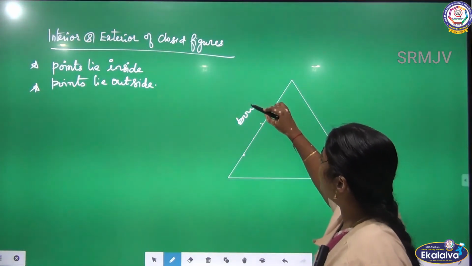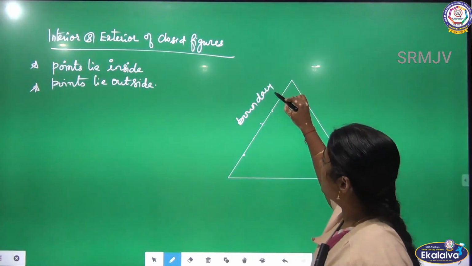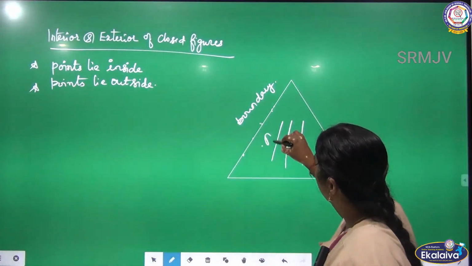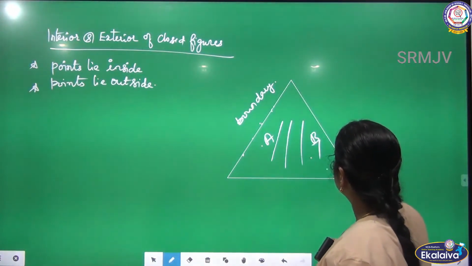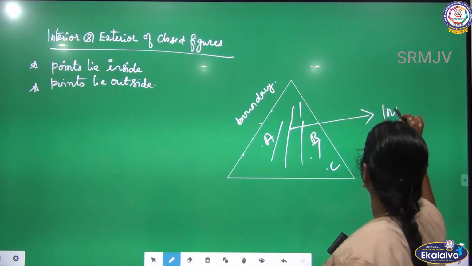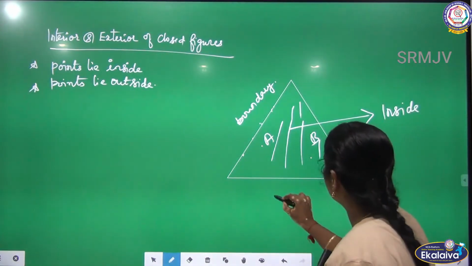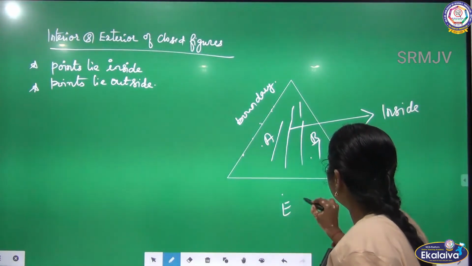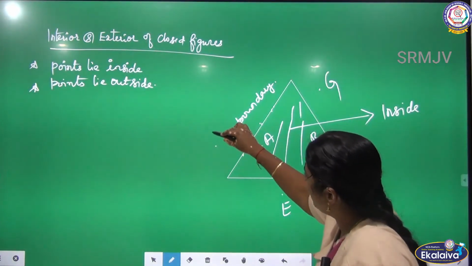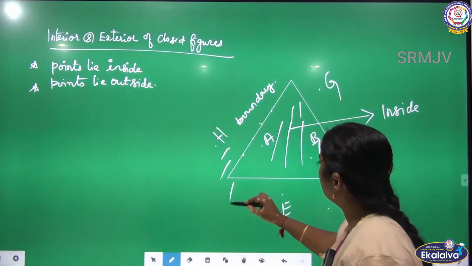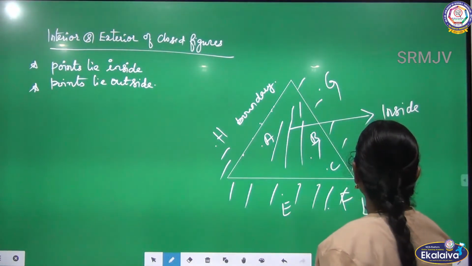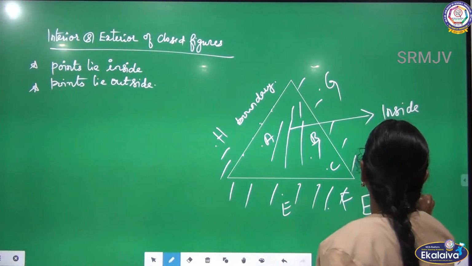Okay, boundary. Suppose inside, for example, A, B, C, these are inside. Now, suppose here E, F, G, H. So these are the exterior points, and these inside are the interior. Okay. Can you understand this?